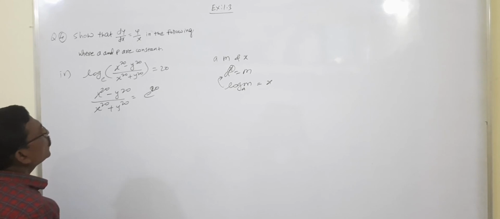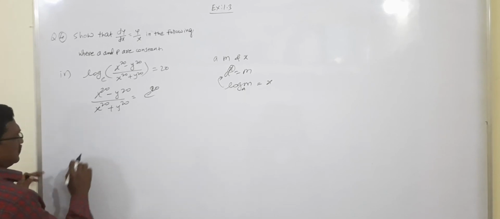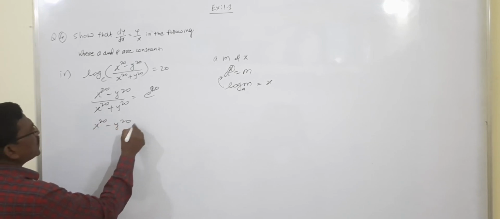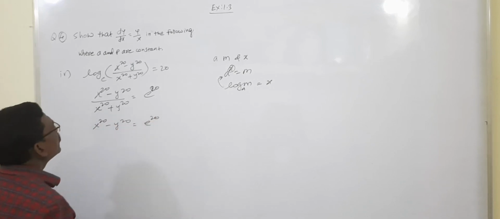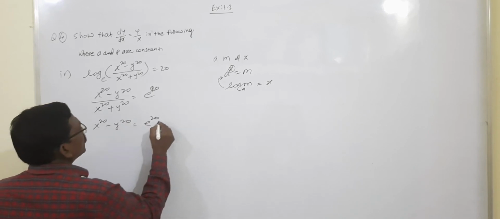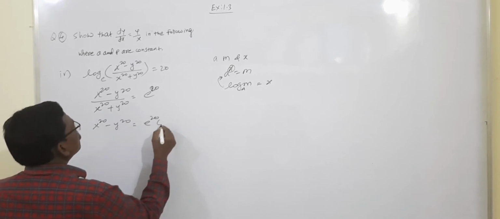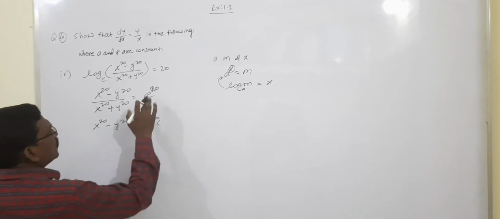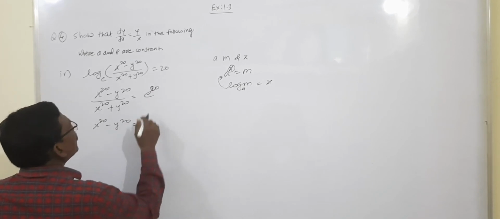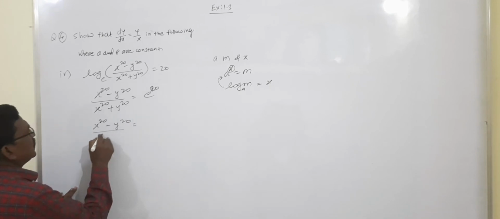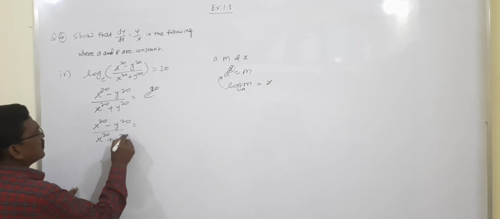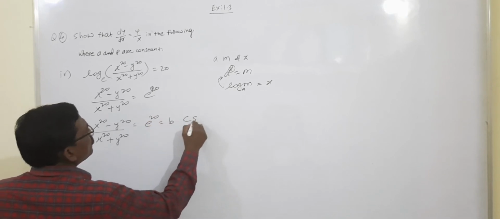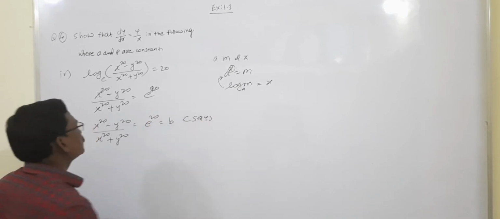Now we take this term to the right hand side. First of all, we say this e to the power 20 is b, we say it is constant.